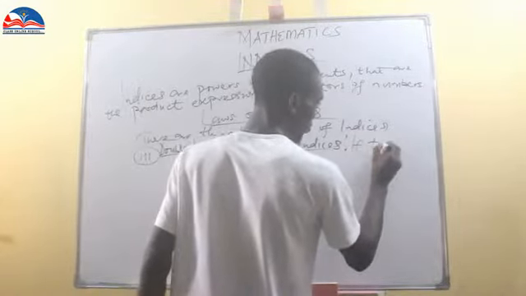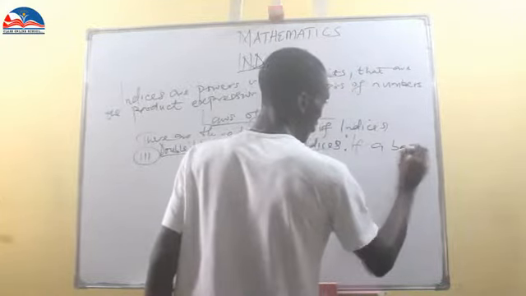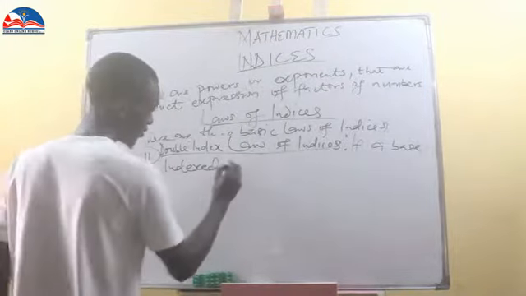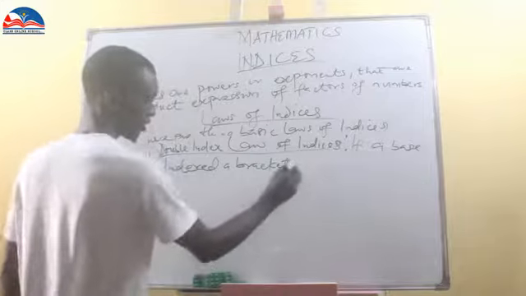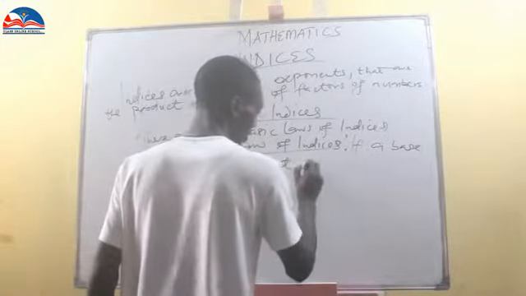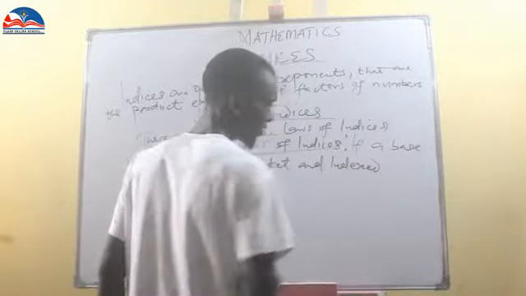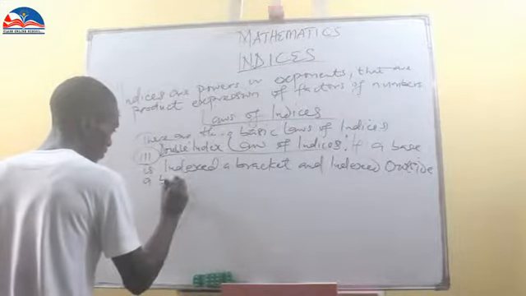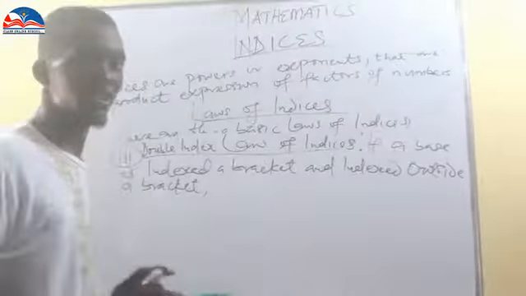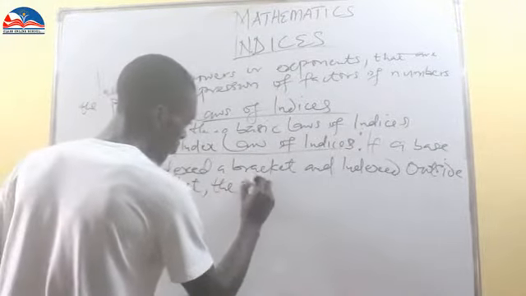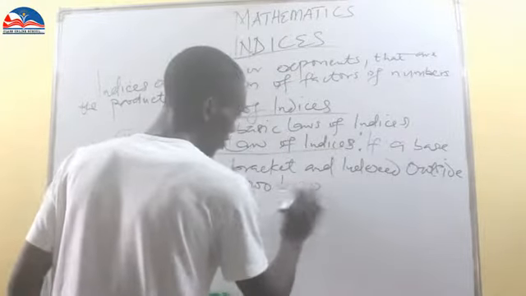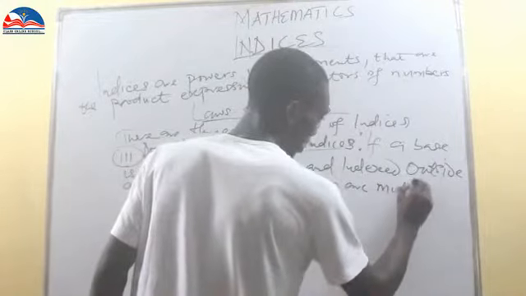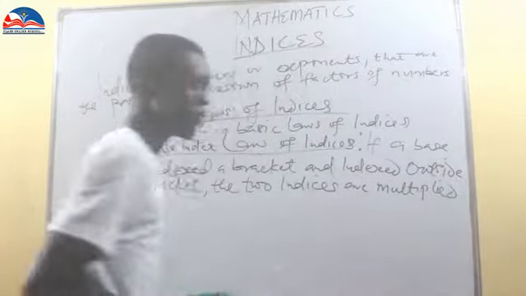Okay. So if a base is indexed in a bracket, and indexed outside a bracket, the two indices are multiplied.